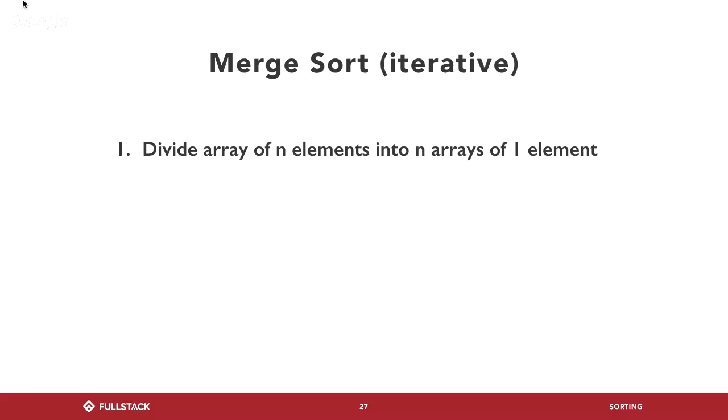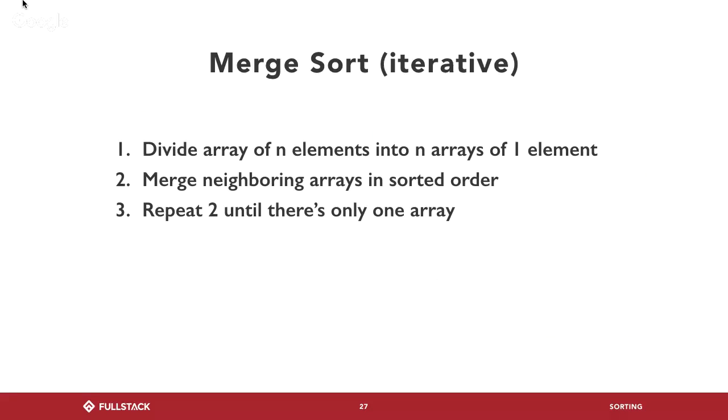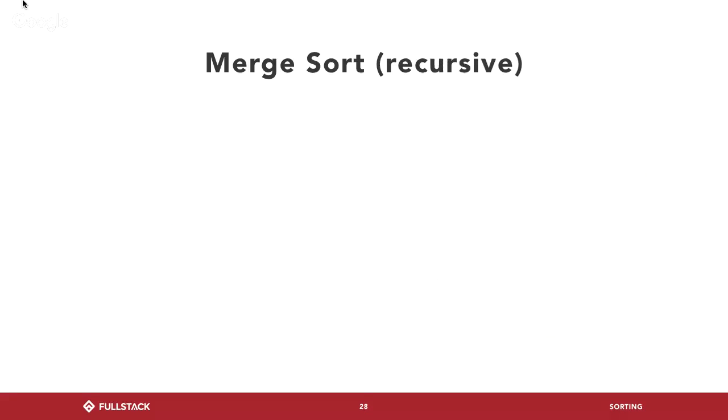So in essence, you're dividing this array of n elements into n arrays of 1 element, and you're basically merging the neighboring arrays in sorted order. And you basically repeat this process until you're left with one array.